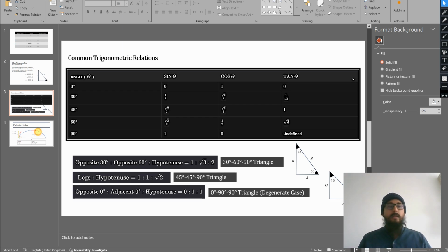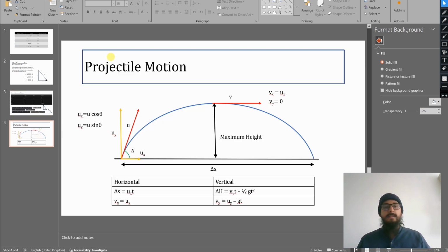Okay. Now there is a special case of motion which is called projectile motion. So projectile motion is any motion whose trajectory is like a projectile. So what is a projectile? A projectile is an object that is thrown at an angle and travels under the influence of gravity, and it continuously loses its y component.